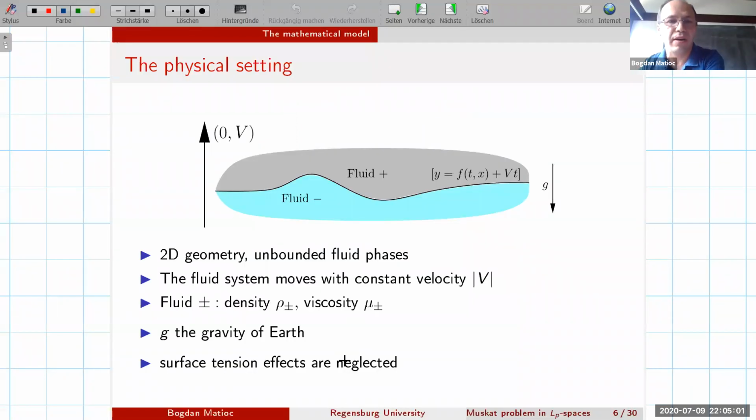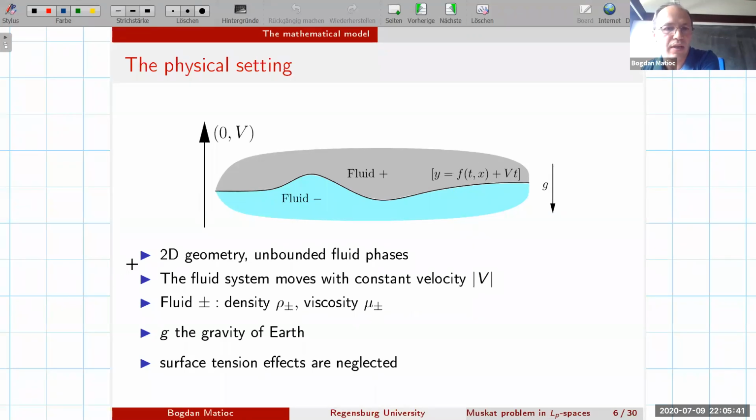So let me first present the physical setting that we consider in this talk. We consider a two-dimensional geometry, so 2D flows, and the fluid phases are assumed to be unbounded. They fill the entire R2. The lower fluid is denoted by minus and is separated from the fluid above by a sharp interface, which is parametrized as the graph of a function f, which depends on time t and the position variable x plus vt.